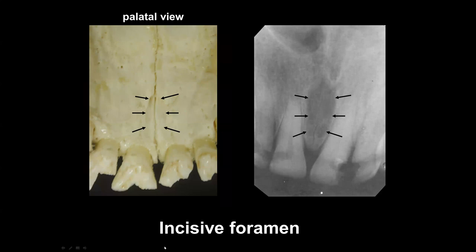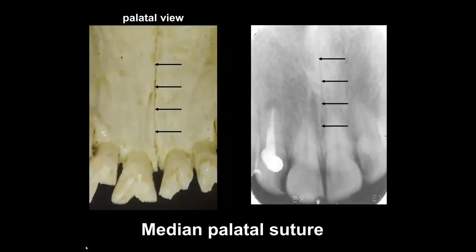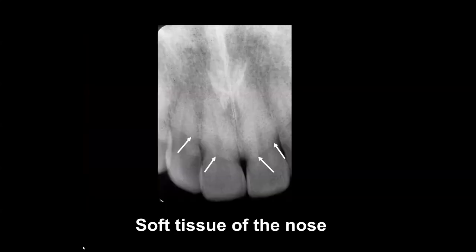The incisive foramen is seen as an oval-shaped radiolucency. You have the median palatal suture, which is again seen as a thin radiolucent line. The soft tissue shadow of the nose passes between, in the middle third of the teeth.